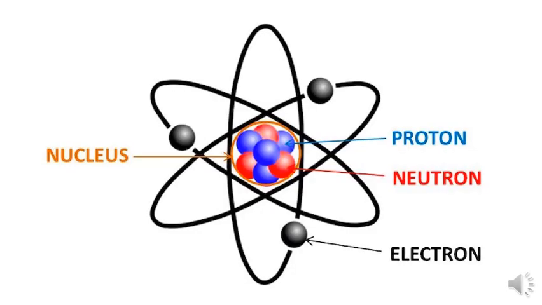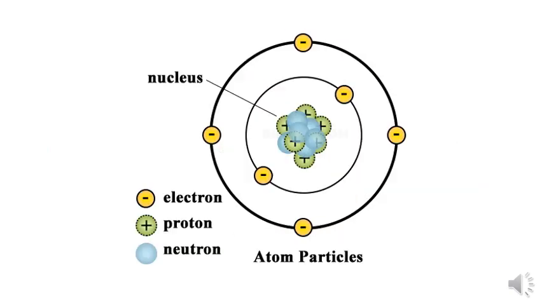So first of all, let's recall the structure of the atom, or the atomic model. We said that the atom consists of three subatomic particles: protons, neutrons, and electrons. The protons and neutrons are found in the nucleus, and electrons are in the electronic cloud around the nucleus.